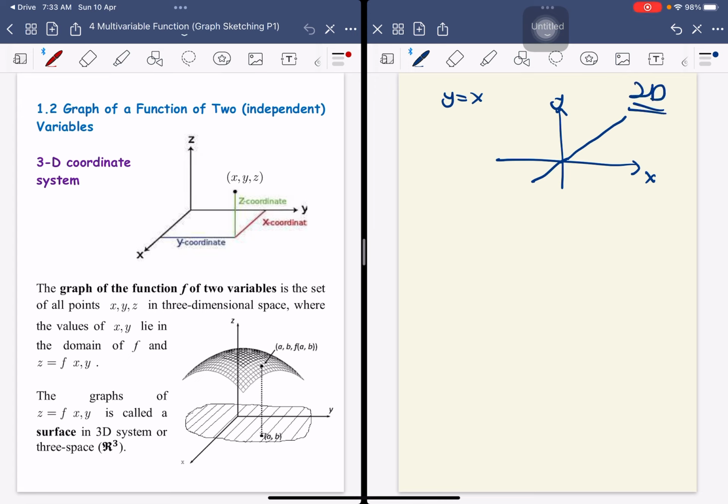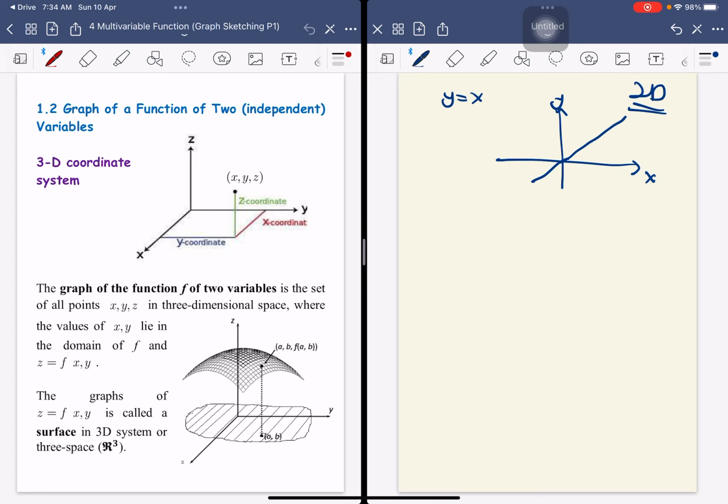I would say that a function with a single independent variable is easy because that is what you have learned previously. But when we talk about a function of two independent variables, you're going to have a surface, and the graph will be in 3D instead of 2D.